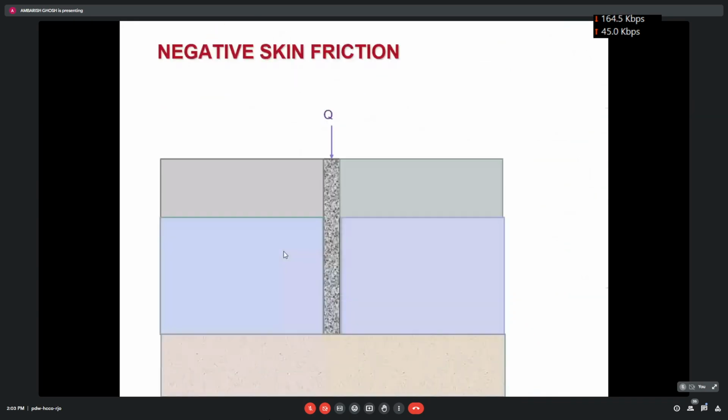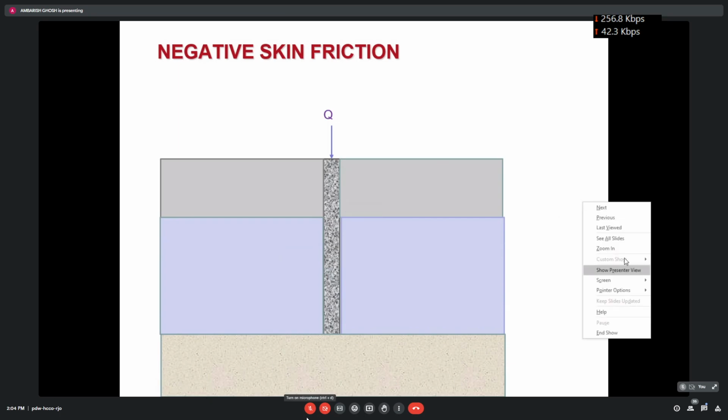Next, have you heard the term negative skin friction? No, sir. Skin friction you have seen in the pile. You can see it in the beginning of this.